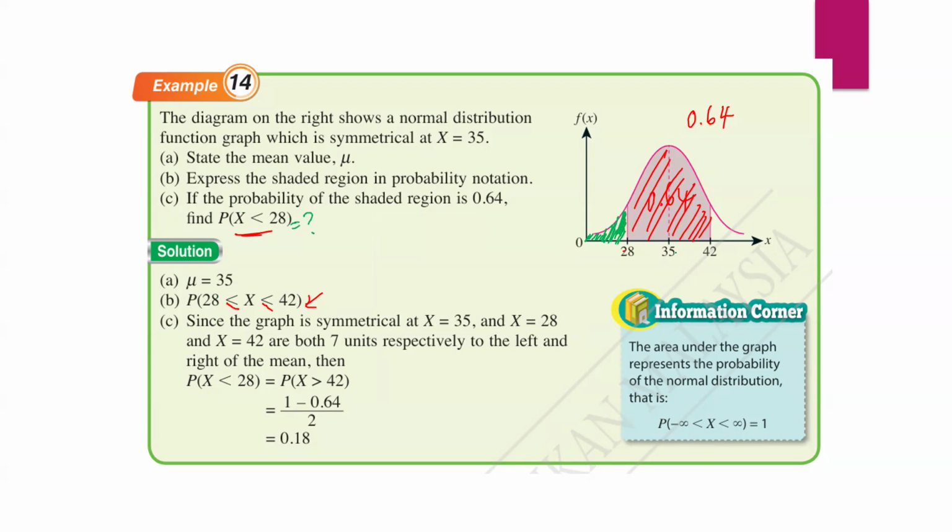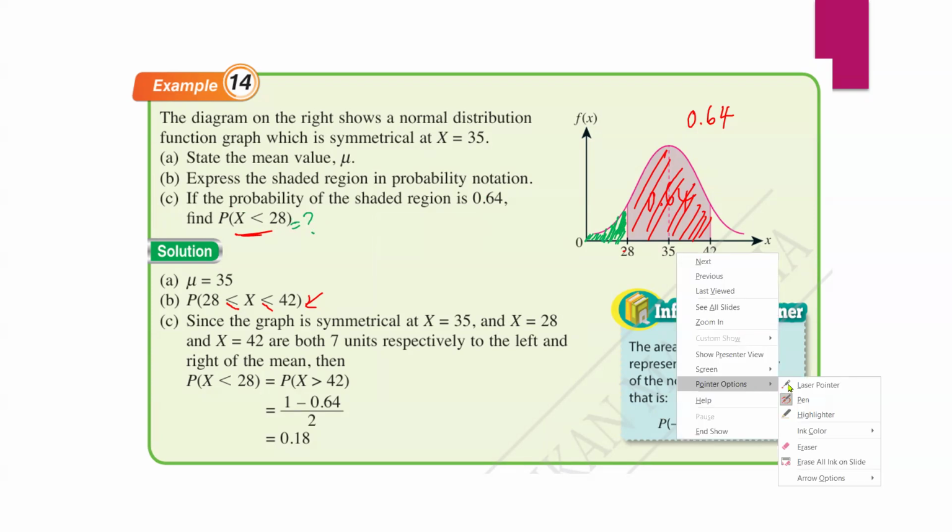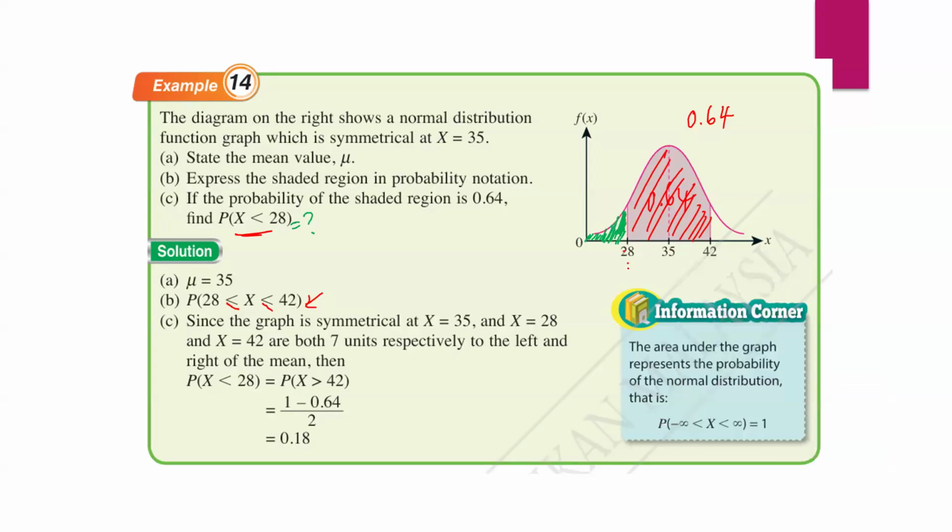First, I have to check whether it is the same length. I use the calculator: 35 minus 28, I get 7, and 42 minus 35, I get 7. So the length is the same. The probability here will be equally divided by 2.